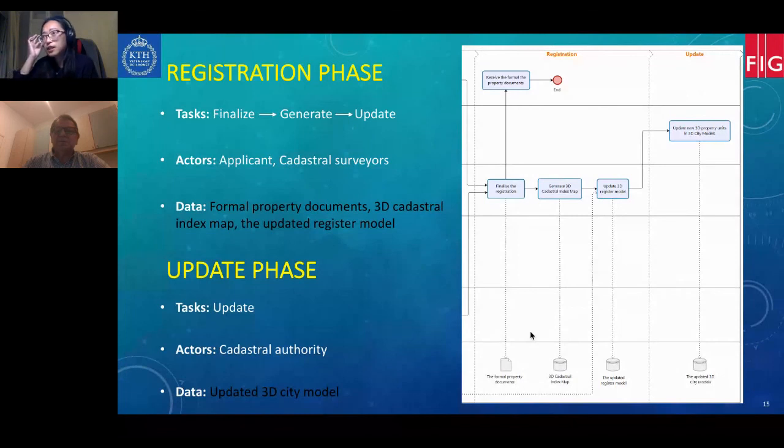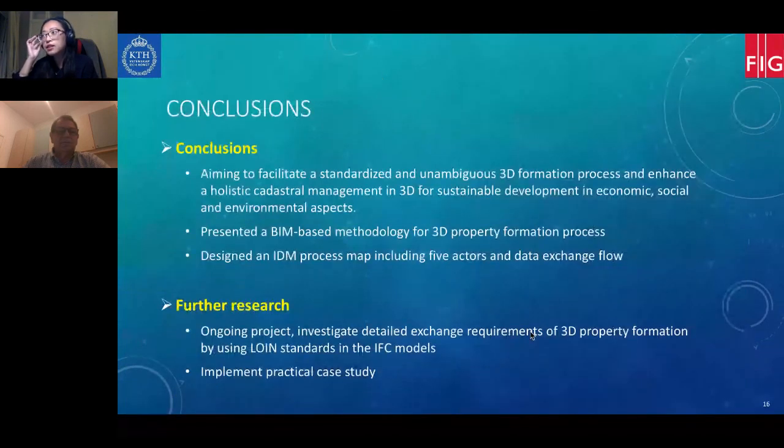Okay, finally, to conclude, we designed and developed a BIM-based 3D property formation process. In this study, LOIN has been used to specify information requirements according to the 3D property formation purposes, and IDM was used to design and develop the process of the Swedish 3D real property formation, including the 5 actors and the data exchange flow.